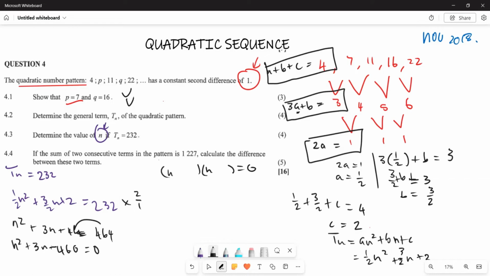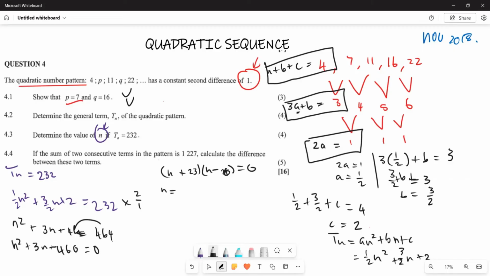And then what is it that you are also going to get? Let's say when you have 23 and also your 20, 23 multiplied by your 20, it still gives you your 460. So therefore, what is it that you're going to do? Now you want your middle term to be positive, so the bigger factor is going to be positive and the other is going to be negative. So therefore, your n is going to be given by what?